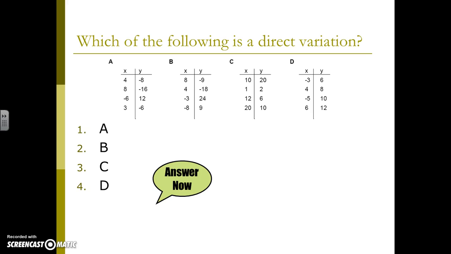Alright, what do we think the answer is? A, B, C, or D? Hold up one finger for A, 2 fingers for B, 3 fingers for C, and 4 fingers for D.